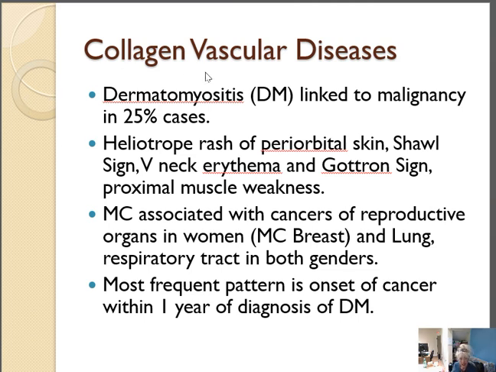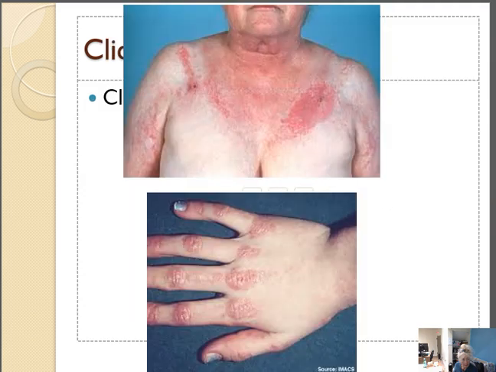So for dermatomyositis, the heliotrope rash of the periorbital skin, the shawl sign, the V-neck erythema, and Gottron's papules with proximal muscle weakness are associated mostly with women, with cancers of reproductive organs, such as breast, and lung cancer. Frequently, the onset is within 1 year of diagnosis. There you go, dermatomyositis.